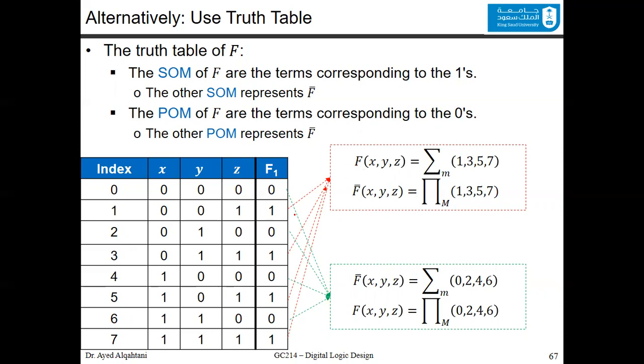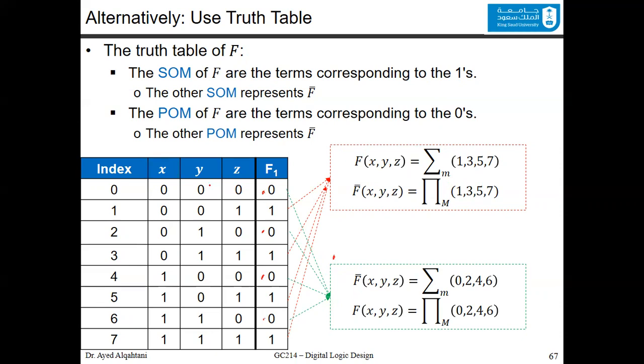Now, if you have f and you get it from the ones, as we said, 1, 3, 5, 7, you have the same indexes, but you change from the sum of minterms to the product of maxterms to generate f bar. Now, let's look at the other way of doing it. The other way is to look at the zeros and generate the maxterms.